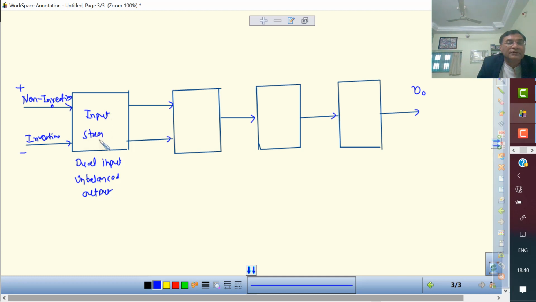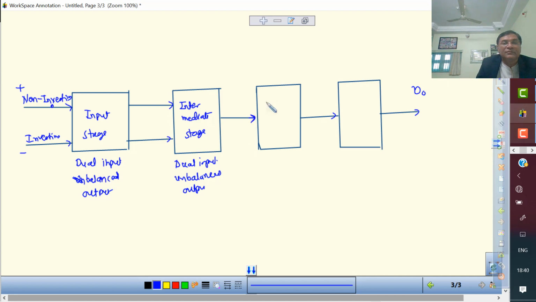It is made of dual input unbalanced output. Then intermediate stage. Okay, dual input but unbalanced output. This is balanced output.